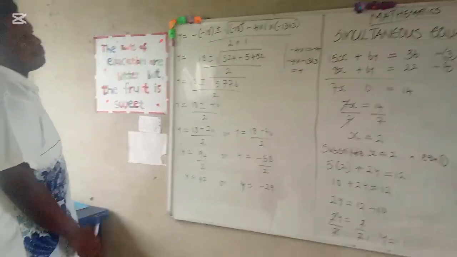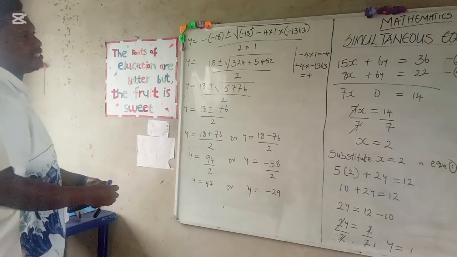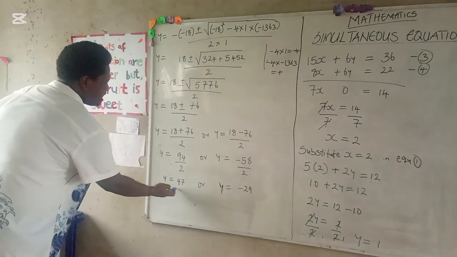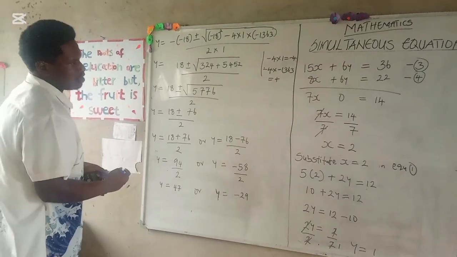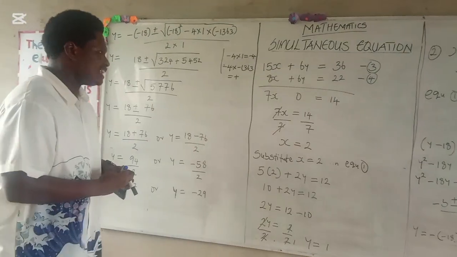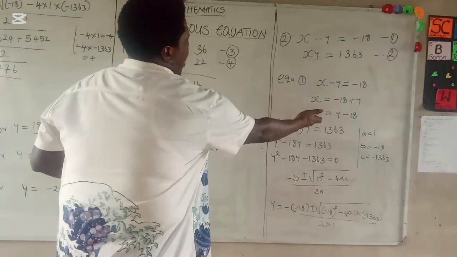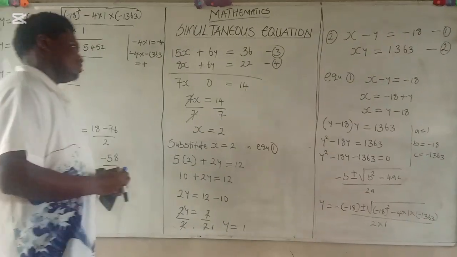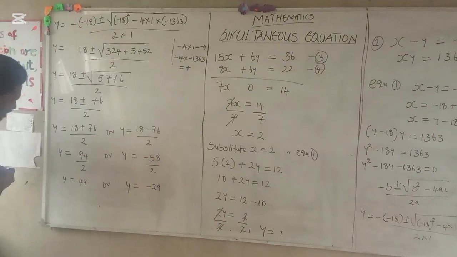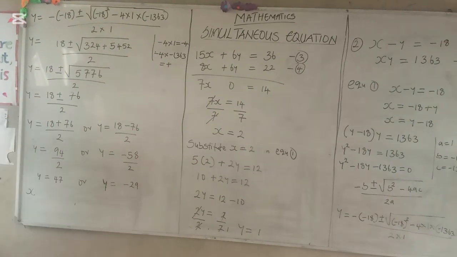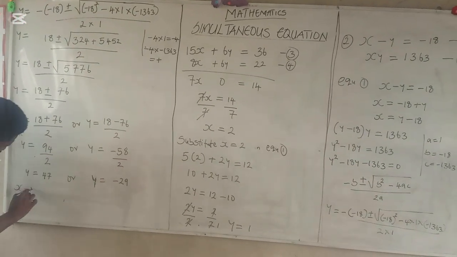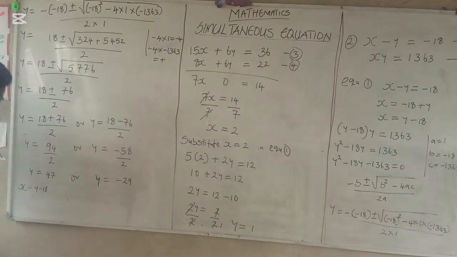But we are not yet done because we need to find the value of x. So when y is 47, we need to find x. So we are going to substitute into our formula where we have x is equal to y minus 18.